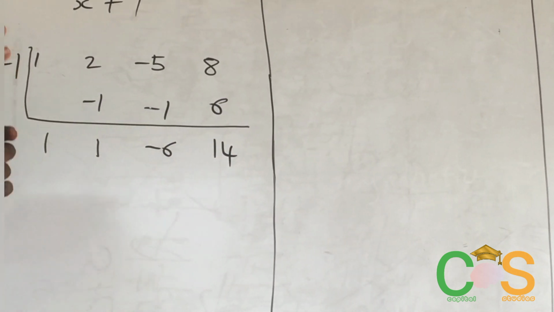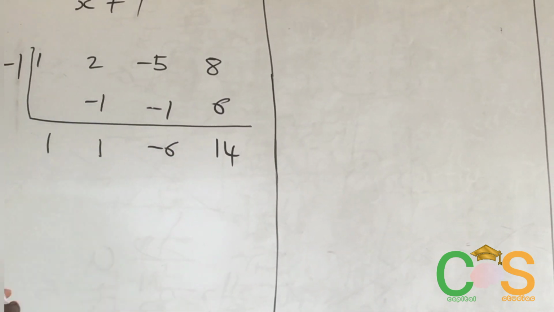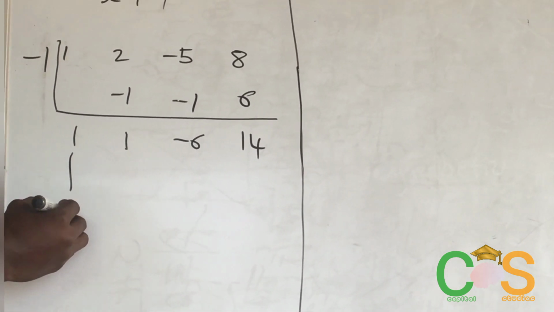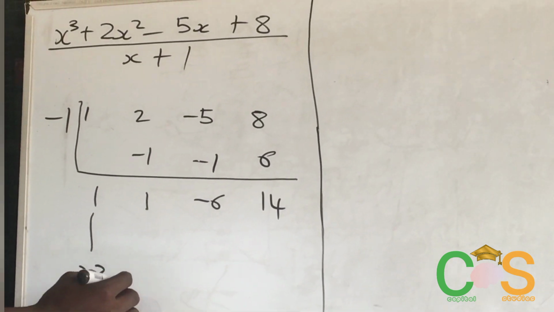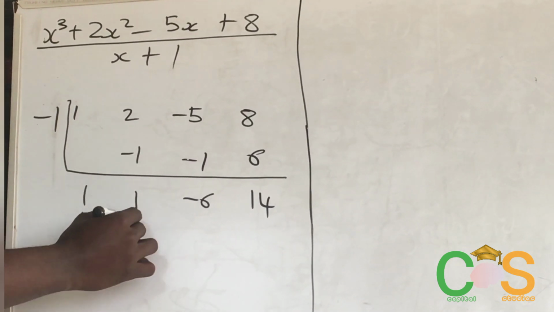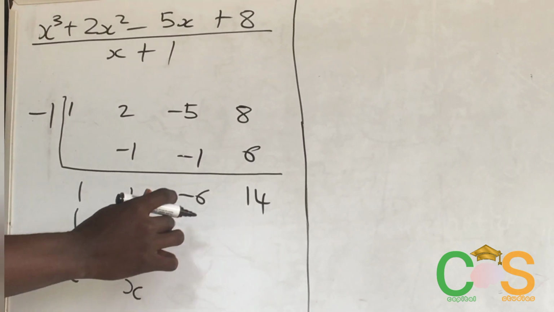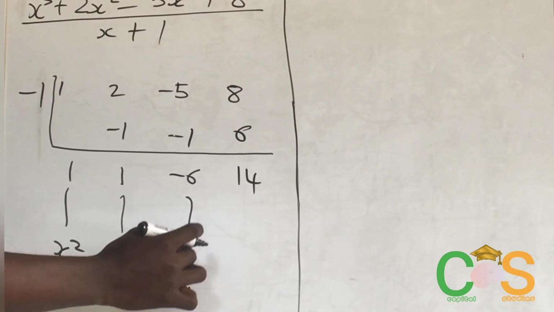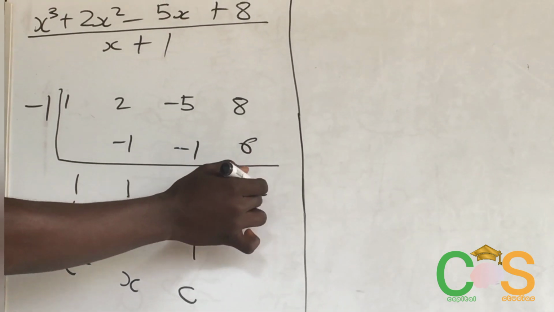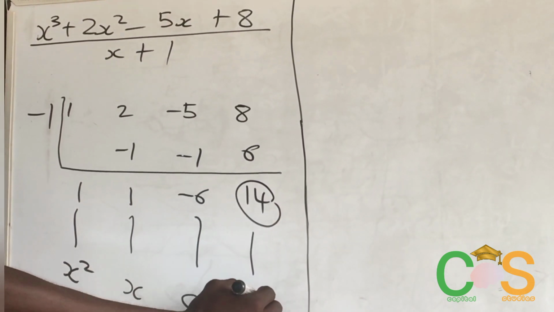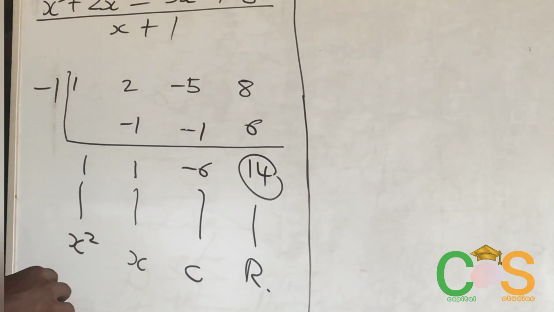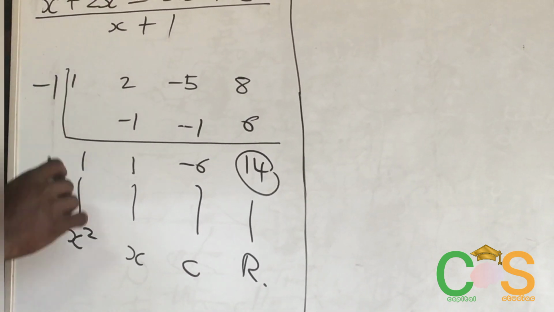After you are done, we now have to deduce our answer. The first number you see is the coefficient of x squared, the next one is the coefficient of x, the negative 6 is the constant, and the 14 you see over there is the remainder. So you get your quotient and your remainder using this much simpler method.